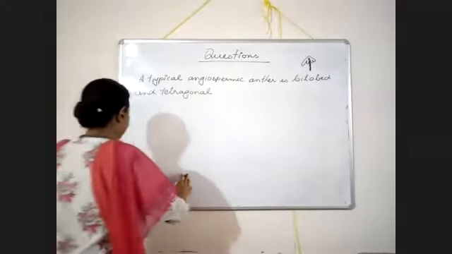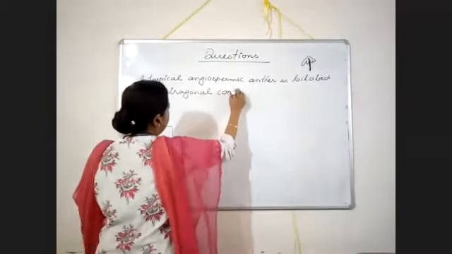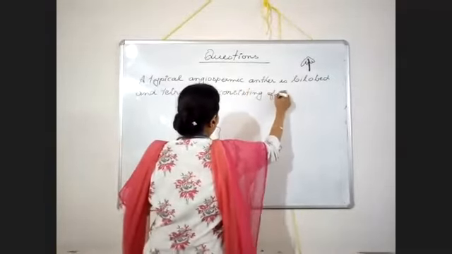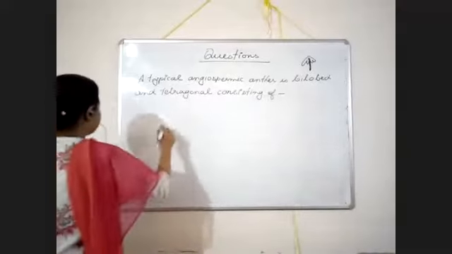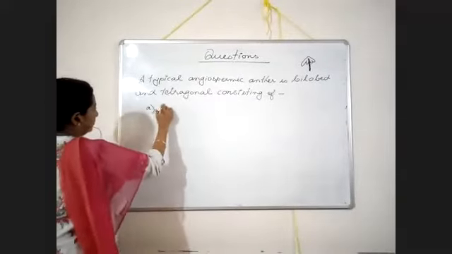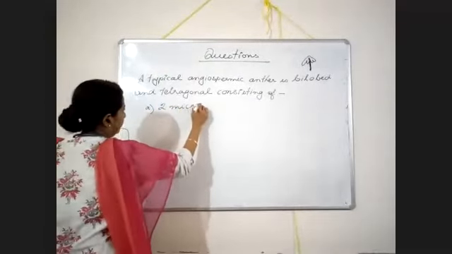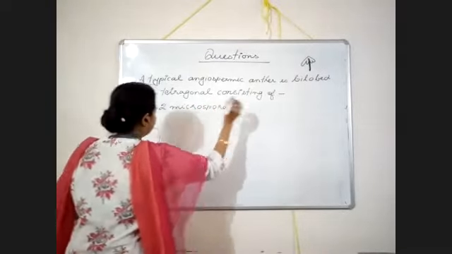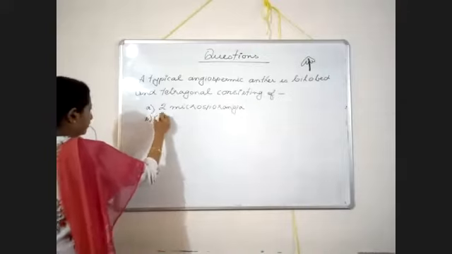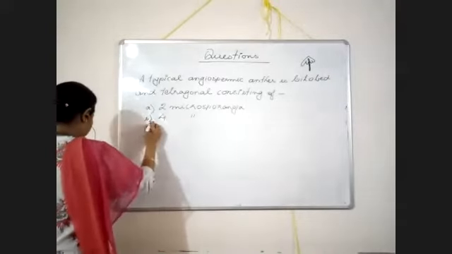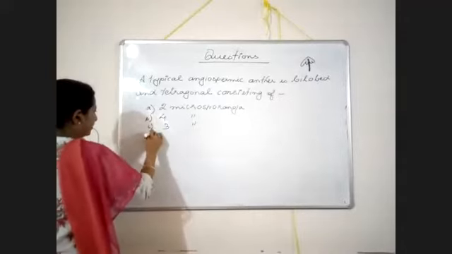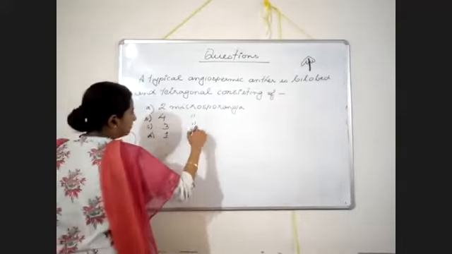And tetragonal, consisting of. The options here are 2 microsporangia, 4 microsporangia, 3 microsporangia, or only 1 microsporangia.